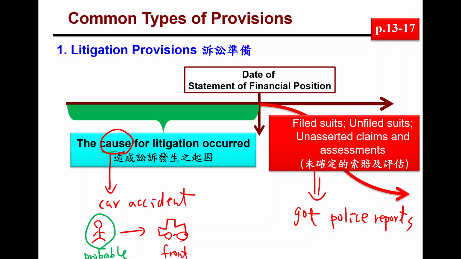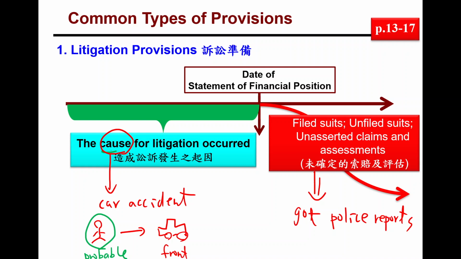So same logic, same concept for everything. Even for the first case, litigation, or later on when we talk about warranty or another provision, it is totally the same. When it happened, your obligation, responsibility occurred. At that moment, you should record it. Okay?